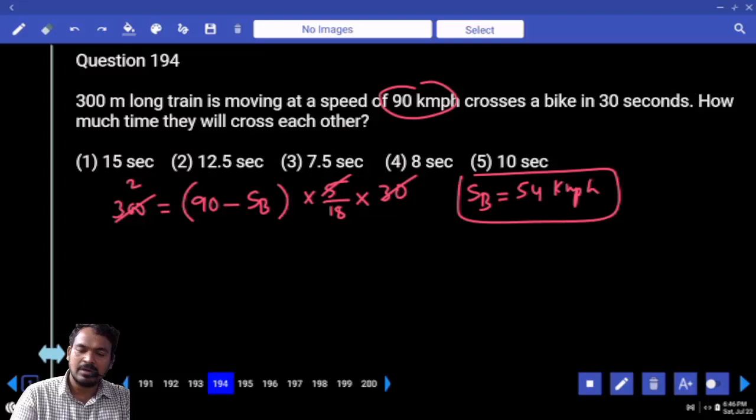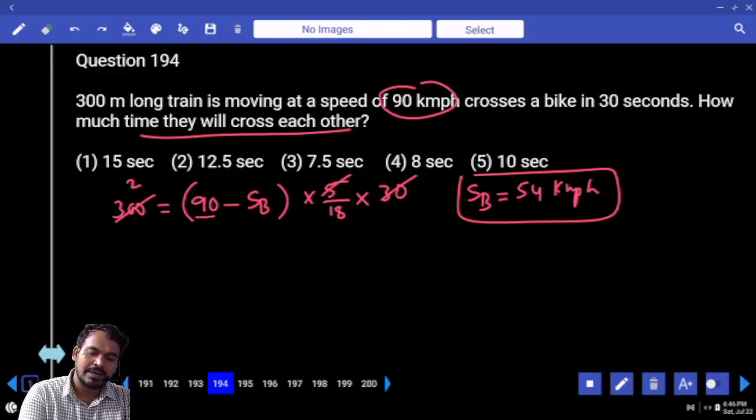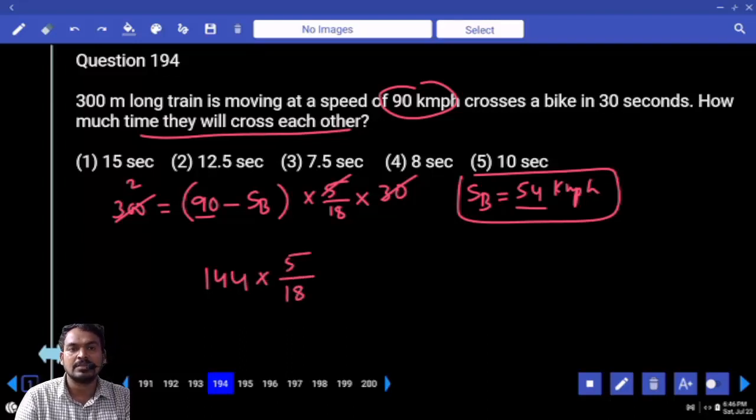Next, the second one: how much time will they take to cross each other? Each other means opposite direction or same direction? Opposite direction. What is the opposite direction relative speed? Sum of these speeds. One is 90, another is 54. 90 plus 54 means 144, multiplied by 5 by 18, we get meters per second, into time.